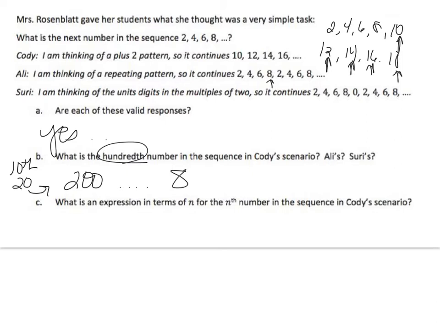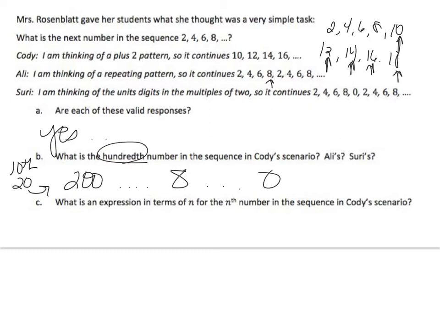Okay, we're going to circle and hit that one every 20th time, which 5 times gets us to 100. And then Surrey's, the digits and multiples. So I got 1, 2, 3, 4, 5, 6, 7, 8, 9, 10. So it's going to be 0 every time it circles back around.